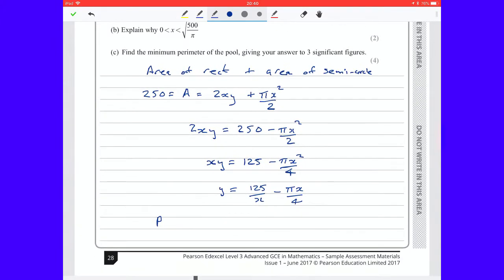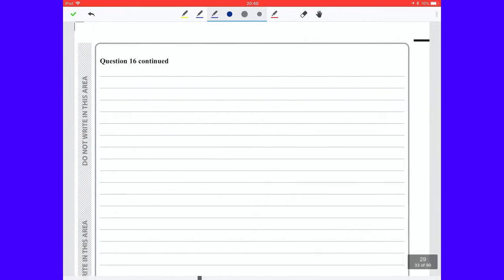So the perimeter is equal to 2x, the top line, plus 2y, the two side bits, plus 2 pi x, the circumference of the circle, divided by 2. So the perimeter is equal to 2x plus 2y plus pi x.